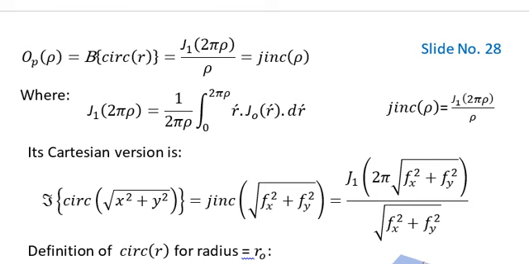Remember that when we were talking about the sinc function, we related the sinc function with the sine of something. You know that. Recall the previous slides and you will find the relationship of the sinc.